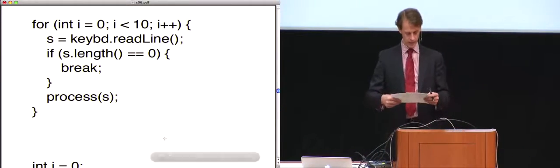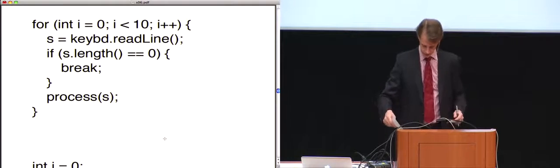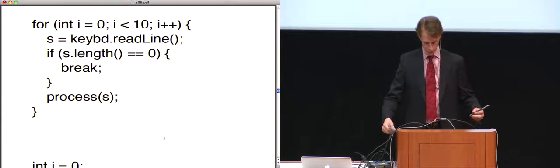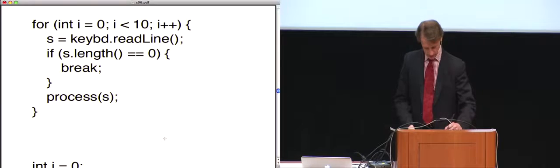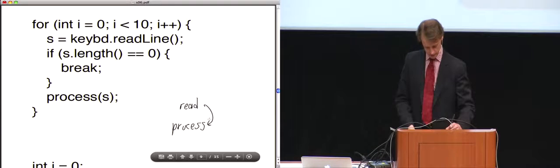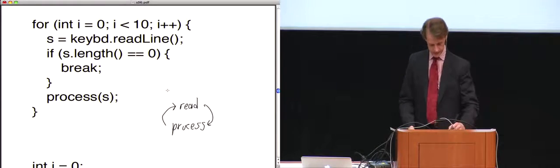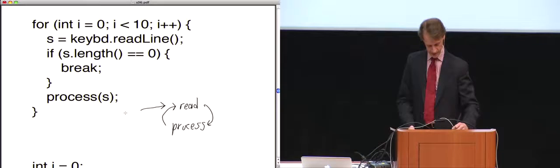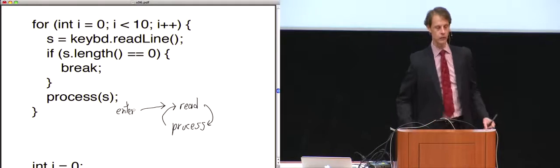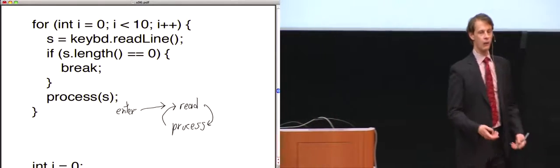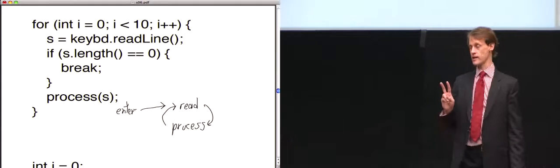I want to give you a more complicated example where a loop has more than one natural endpoint. So now here's an example where I'm doing the read-process loop again. And I'm entering at the usual spot. I start by reading something from the keyboard. But now I have not one exit condition, but two exit conditions.